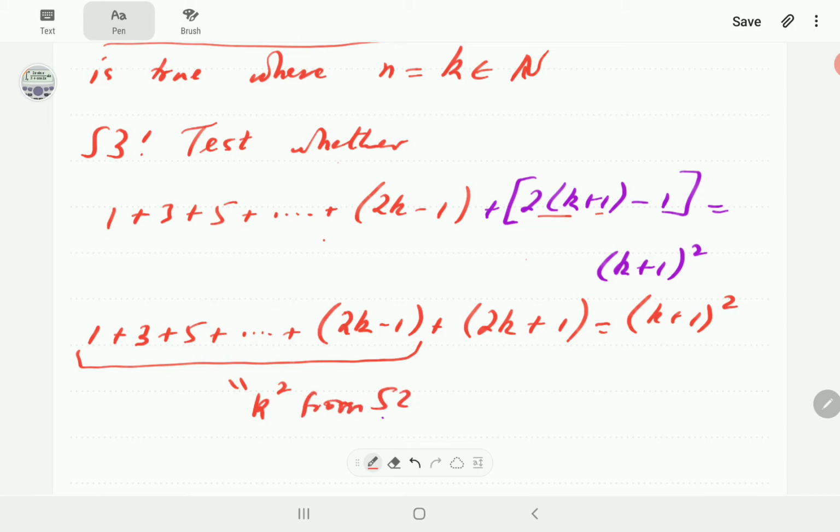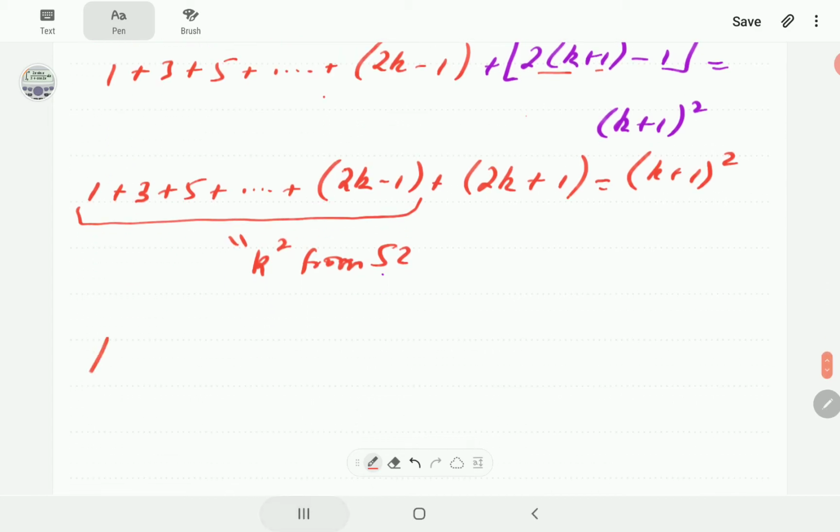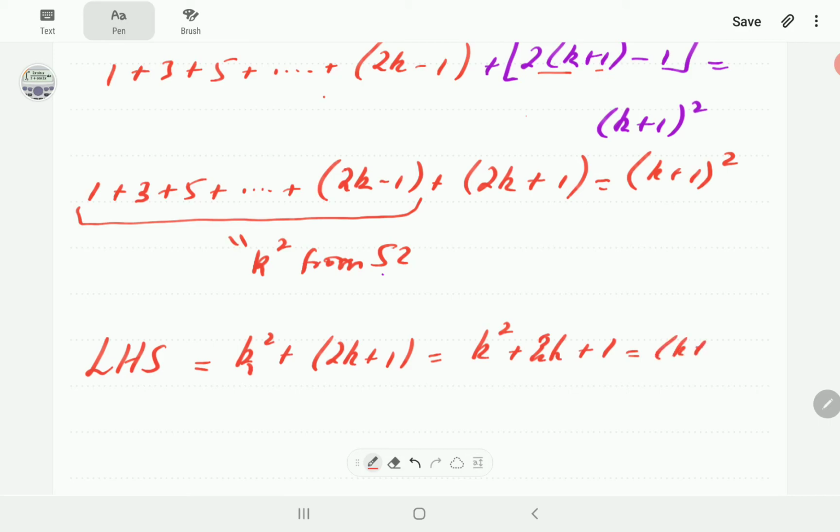From step number 2, that means the left hand side we can write as k squared plus 2k plus 1. Well, k squared plus 2k plus 1 we can factorize, it becomes k plus 1 all squared, which is equal to our right hand side here.